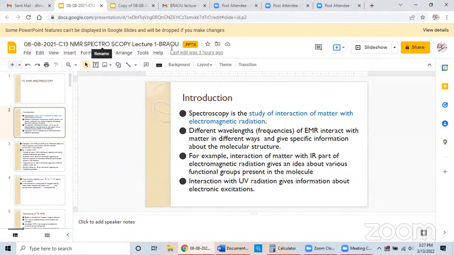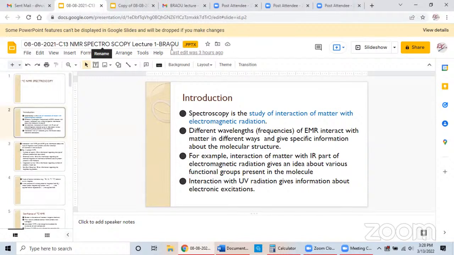You have carbon, hydrogen, fluorine, phosphorus, and many elements, but only certain elements whose nuclei are magnetic give rise to an NMR spectrum. Nuclei of certain elements, for example proton H1, C13, F19 or P31, behave as tiny magnets.